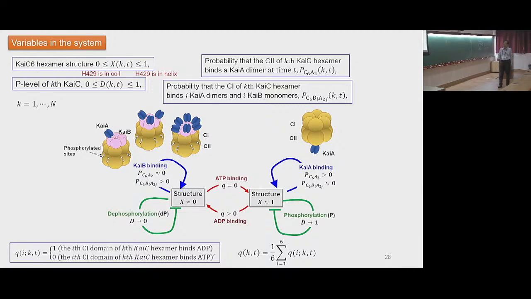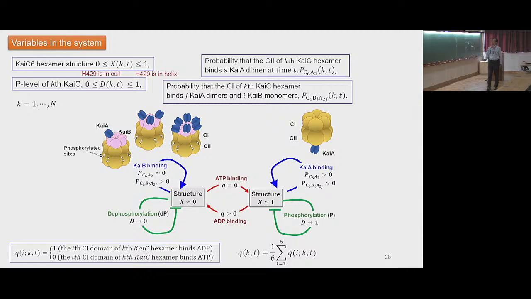So we describe the system with these variables. X is the structural order parameter, varying between 0 and 1. And PD is the variable describing the phosphorylation level of the C2 ring. This varies from 0 to 1. When all the 12 sites are phosphorylated, D is 1, and when all are dephosphorylated, D becomes 0.